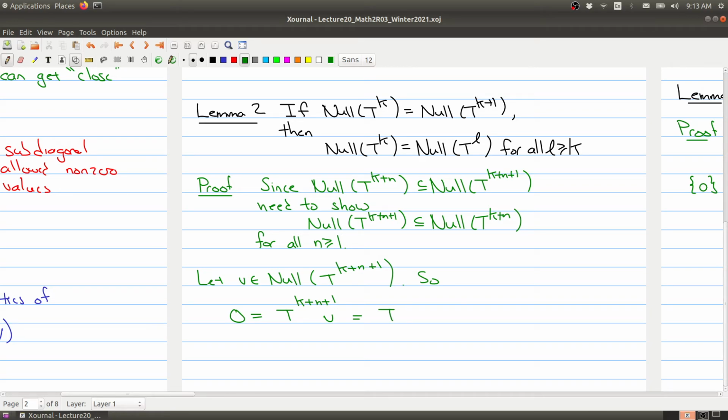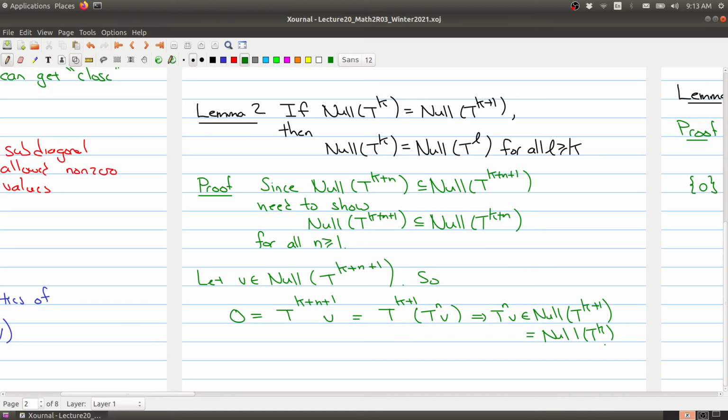And we can rearrange this so it's T to the k plus 1 applied to T to the n v. So what we have is that when I plug T to the n v into the operator T to the k plus 1, I get 0. So this means that T to the n v is in the null space of T to the k plus 1. And by hypothesis, this is equal to the null space of T to the k.